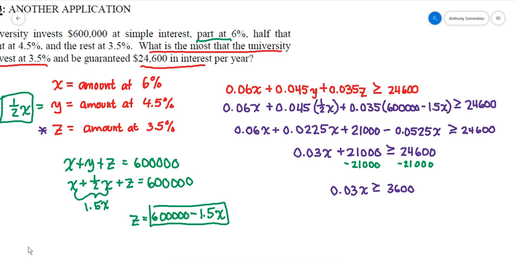Divide both sides by 0.03. X is $120,000 or more.